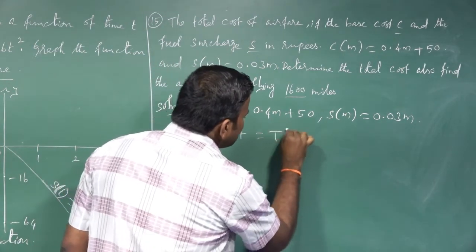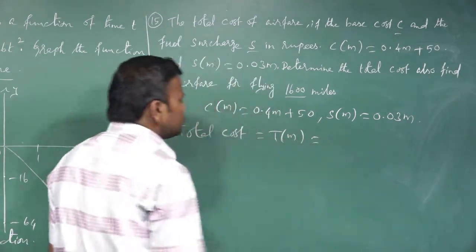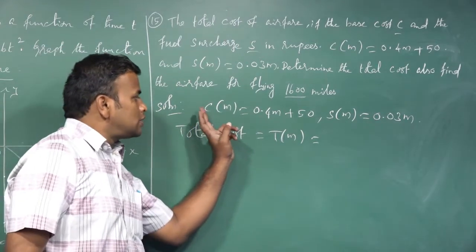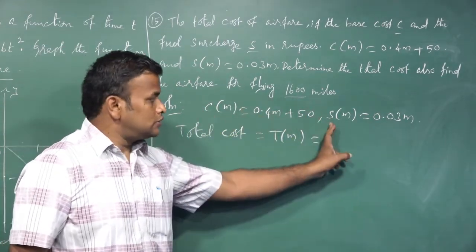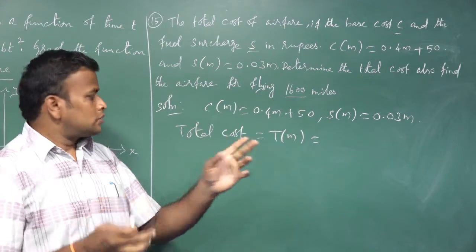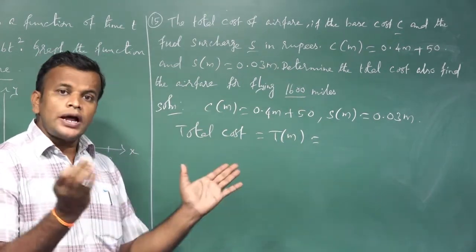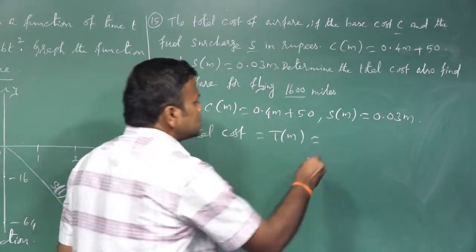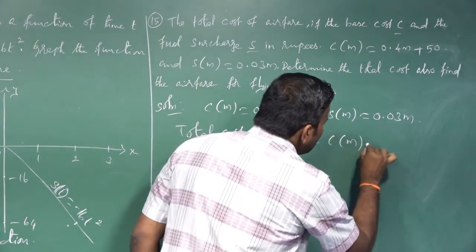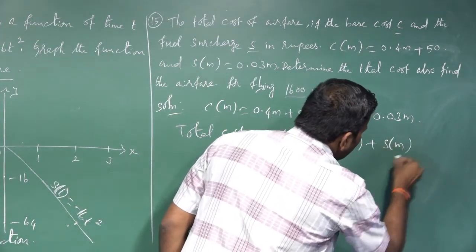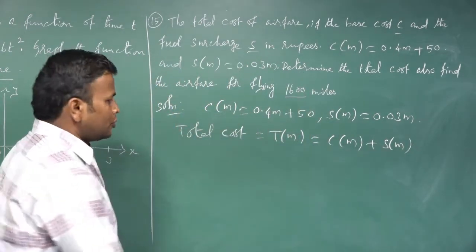I will take it as T of m, the base charge plus surcharge. So we add these two costs, C of m plus S of m.